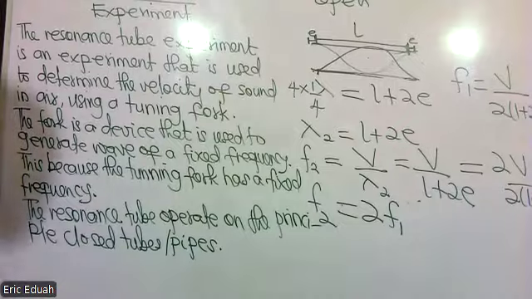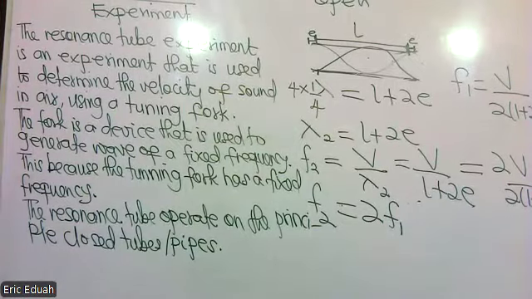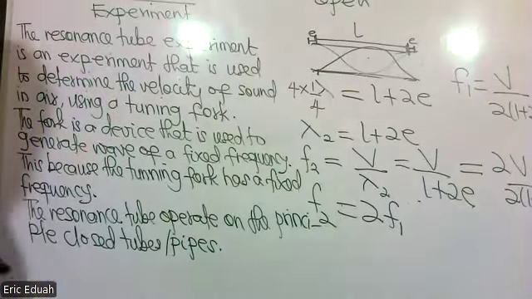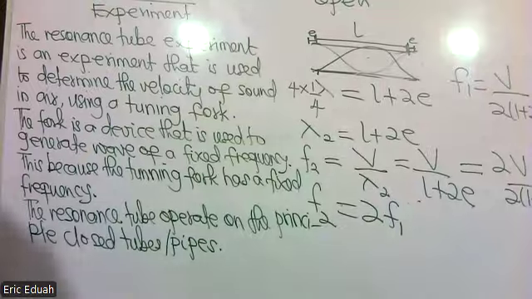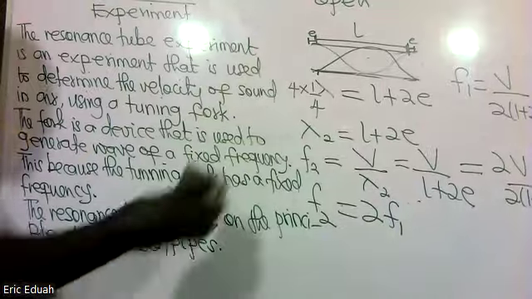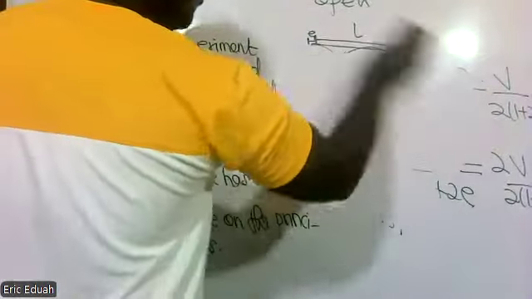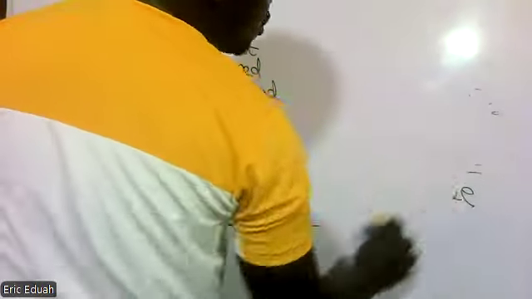So here, in the resonance tube experiment, we use the burette, the burette you use in your chemistry titration. We use it because the burette is such that one end is closed and the other end is open.